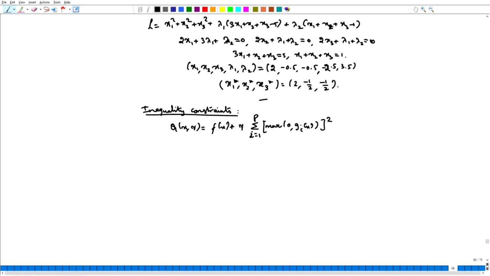But there is a problem which I will tell you shortly. So, let us find the gradient and Hessian of this q. del q of x comma gamma is del f of x plus 2 gamma summation i equal to 1 to p max 0 comma gi of x into del gi of x.